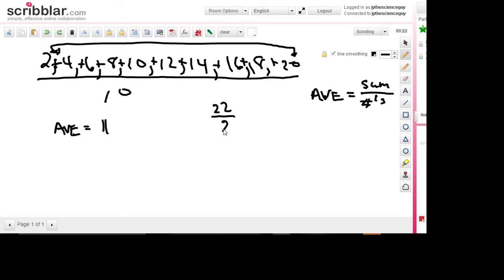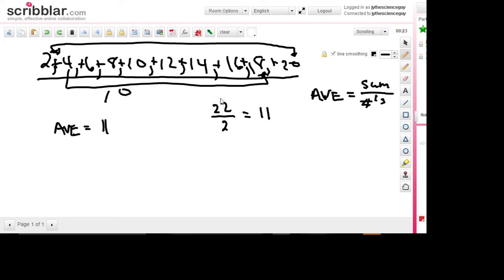So when you divide those together, what do you get? 11. What if I do these two numbers? 4 and 18. 22. Oh, that's weird. That's the way numbers work. When you have an ordered pattern like that, if you take the biggest number and the smallest number, you add them together and divide by 2, it'll give you the average.